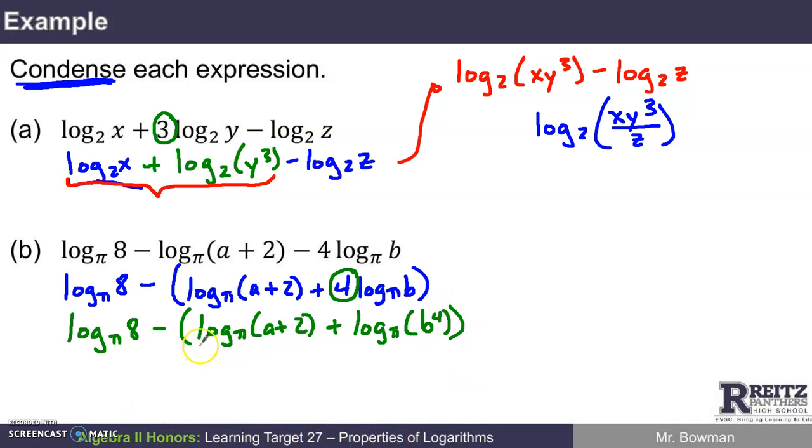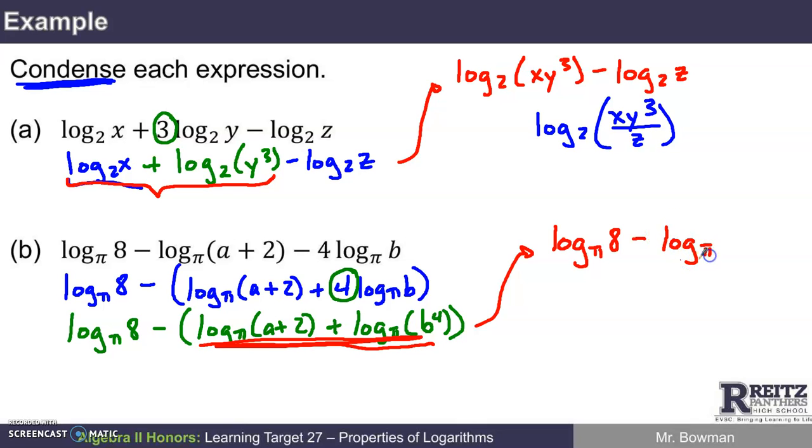I see a sum of 2 terms that can be written as a product. So I've got log base pi of 8 minus, the sum of these 2 terms should be written as one log base pi of the product of those 2 inputs.